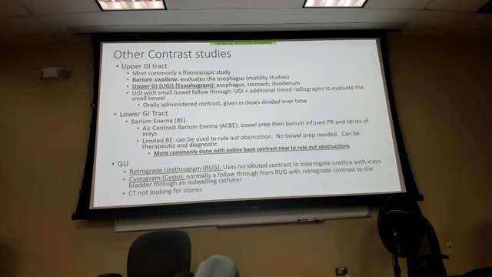We want to check for leaks. We'll start with an iodine-based, like Omnipaque or Gastrografin, and then as long as we don't see any sort of leaks, because it doesn't show up as well on these types of studies, we'll do a barium, and that's like the actual true test.